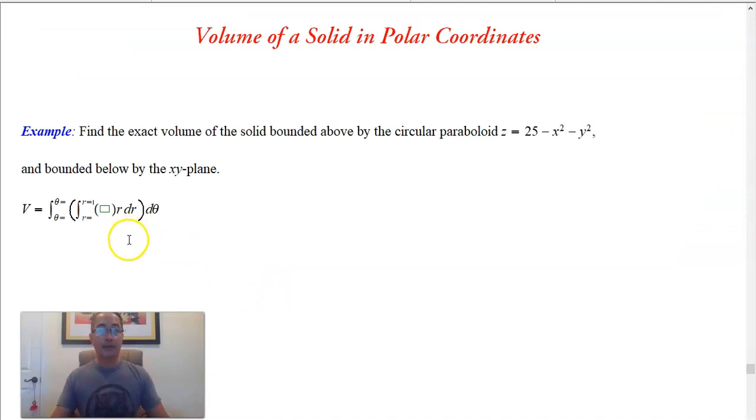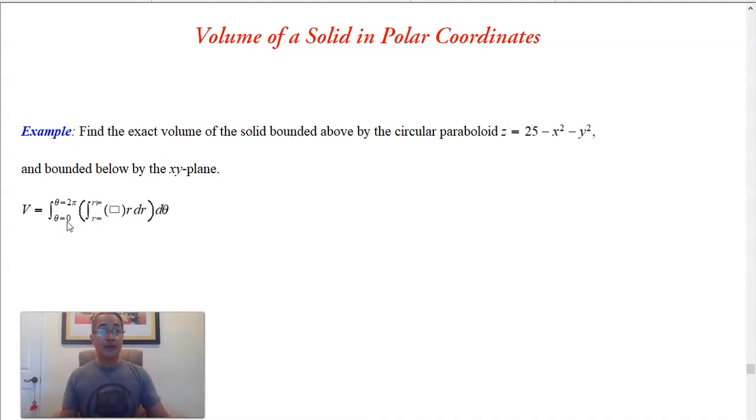All right, so here is our double integral template in polar coordinates. So our theta is on the outside, r on the inside. Don't forget the extra r, right? So we have a full disk, so theta is going from 0 to 2 pi.